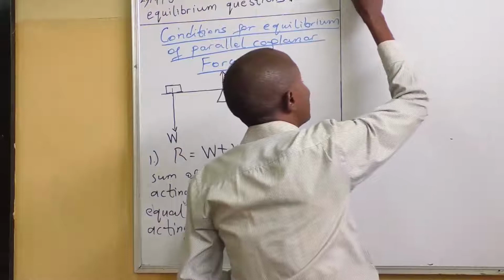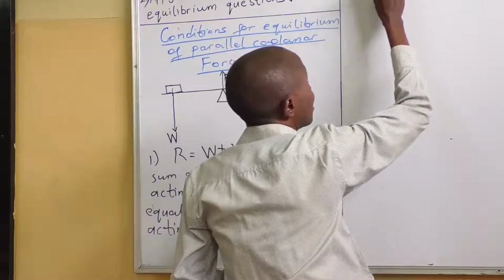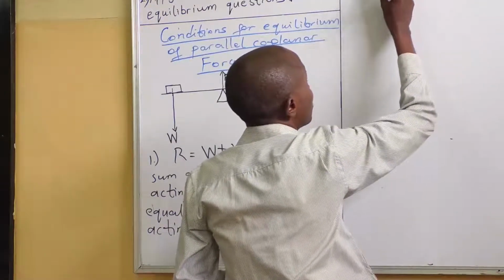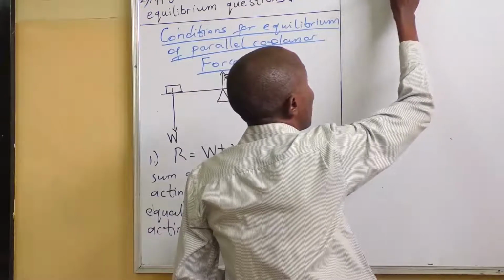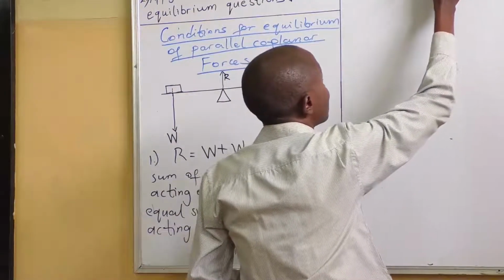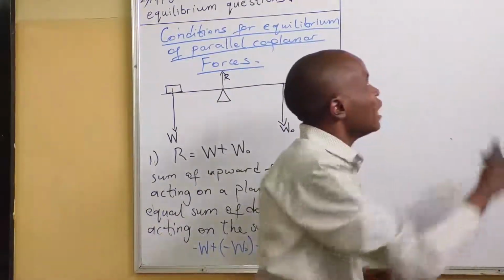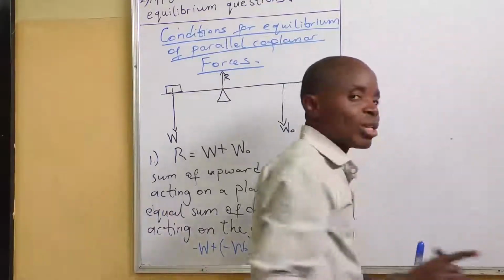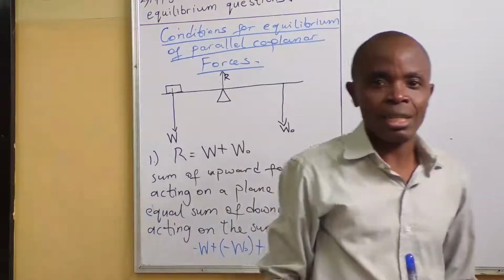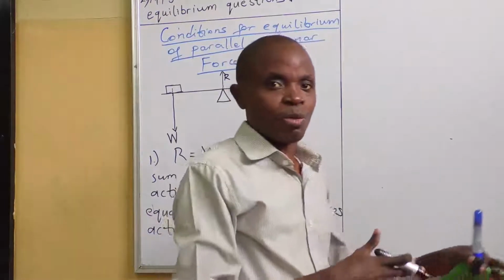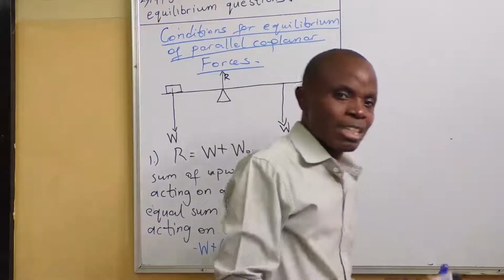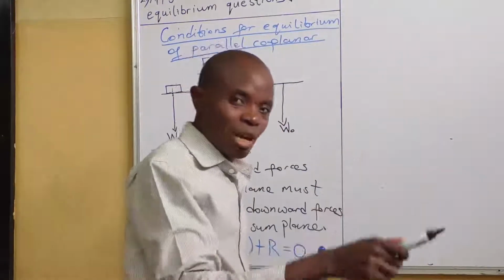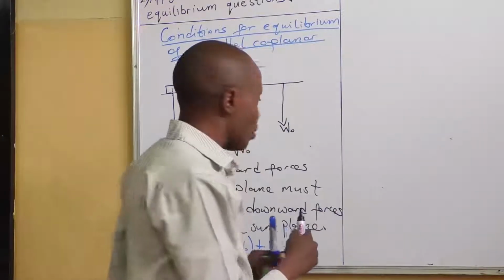So if you want to write this long sentence in simple terms, you just say clockwise moments equals anti-clockwise moments. At this point, we must understand what moment means. Moment is the product of a force and the perpendicular distance from the line of action of that force to a turning point.